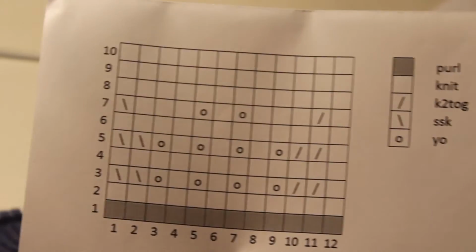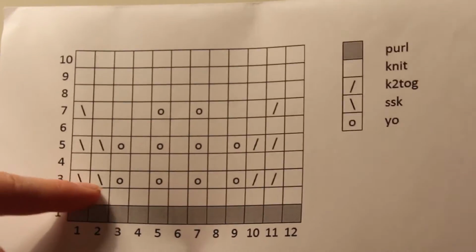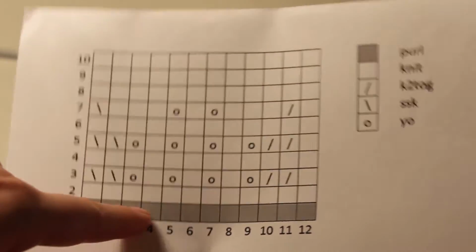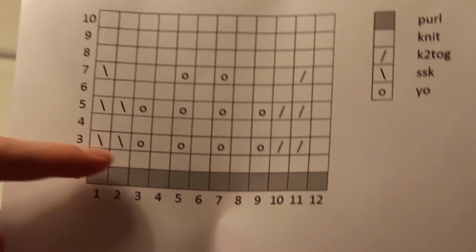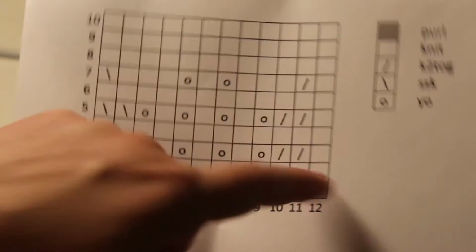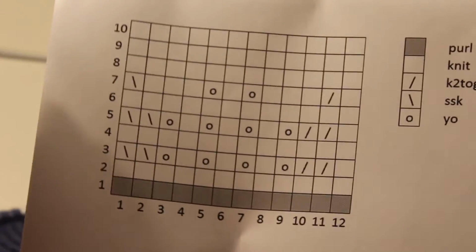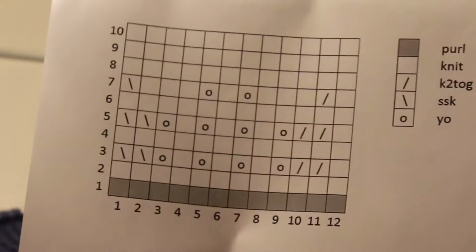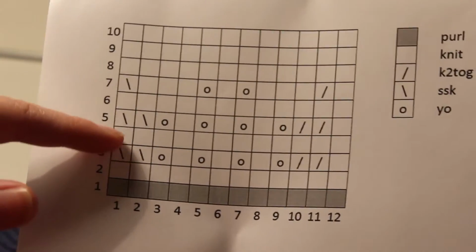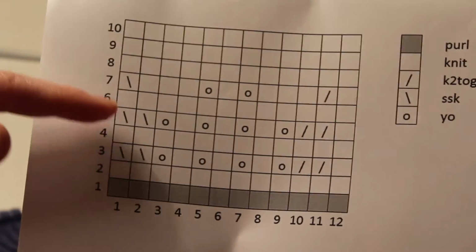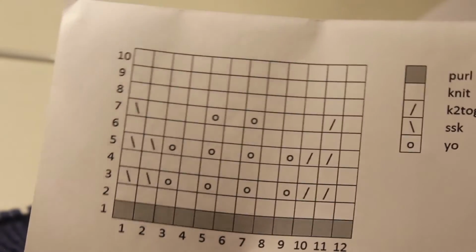So basically every row here doesn't produce a new square out here. You just have the same number of increases as you have decreases. So there are 4 increases here and 2 decreases on one side. So 4 and 4, so you get the same number of stitches on top of this. And it makes it a little easier to work.